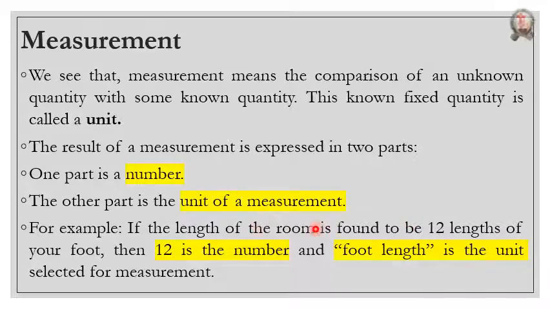For example, if you measure the length of the room using your foot, and it comes to around 12 lengths of your foot, then that number 12 is the number. And since you have used your foot, not an inch tape, we describe the unit as foot length.